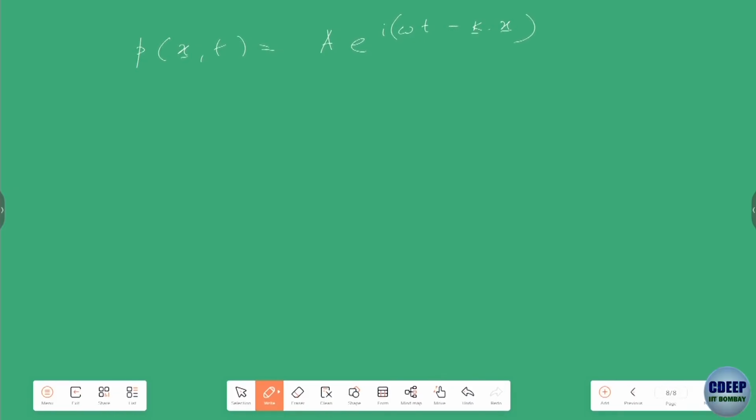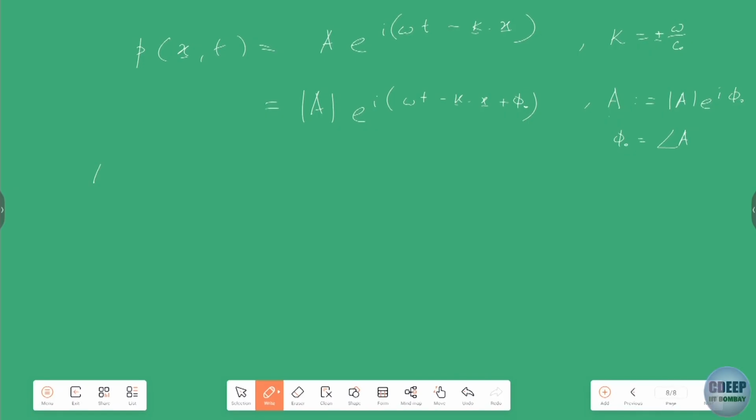And now we are seeing that the kappa is related in magnitude to plus minus omega by c naught. So now we say let A be magnitude of A times e to the power i phi naught, where phi naught is the phase of that complex quantity A. So I just separate the magnitude and phase. Then we can write this as magnitude of A times e to the power i omega t minus kappa dot x plus phi naught. So phi naught of course is the angle of A.